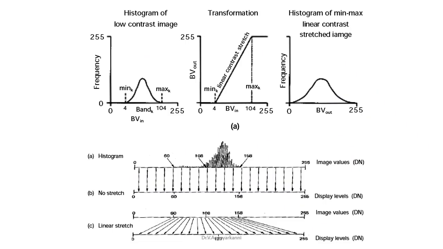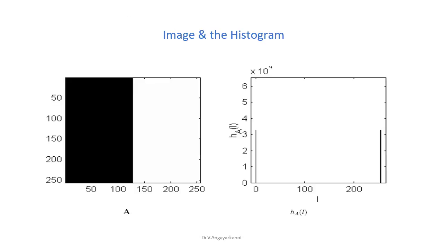This is the histogram of a low contrast image and its transformation. The histogram of the min-max linear contrast stretched image is shown here, with the no stretch and linear stretch cases and their value ranges given. For a black and white image, we see how the histogram varies: it is simply 0 for some number of pixels and black for some number of pixels, as shown here.